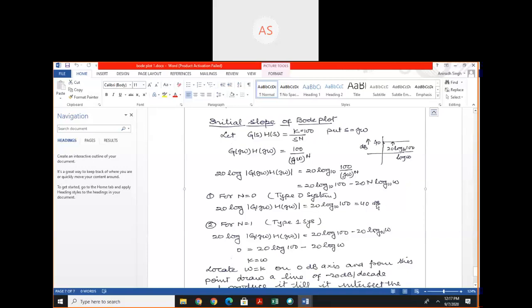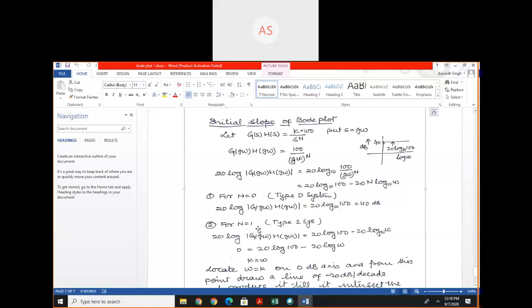So we get 40 dB, or we can say 20 log K. For a type 0 system, the initial slope of Bode plot is given by 20 log K. In this case, the value of K is 100, so we get 40 dB. And for a type 0 system, the starting of Bode plot is, in this case, 40 dB.